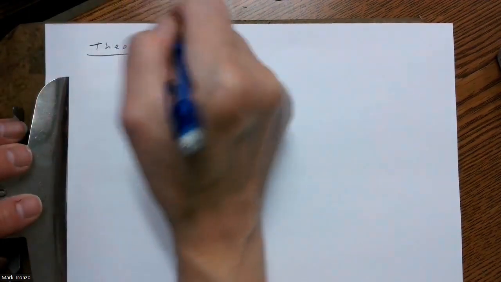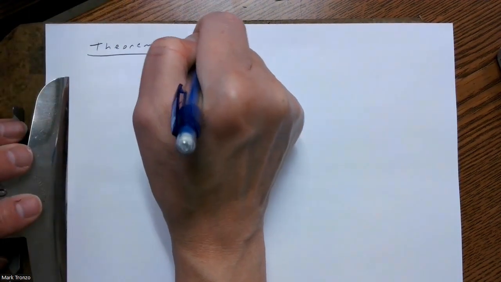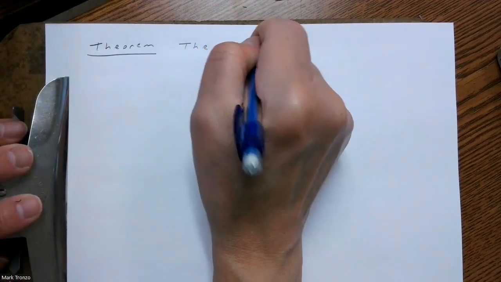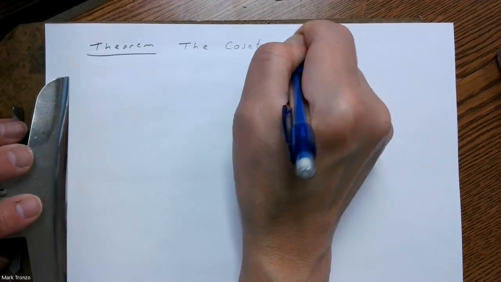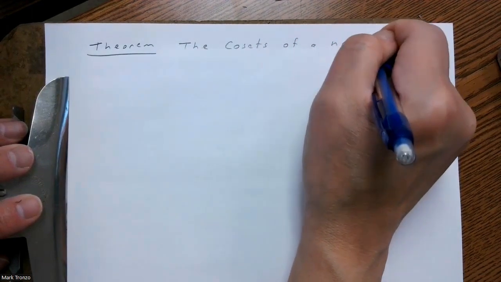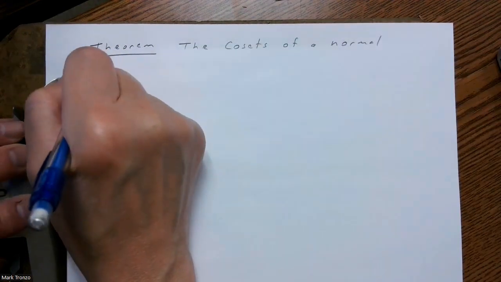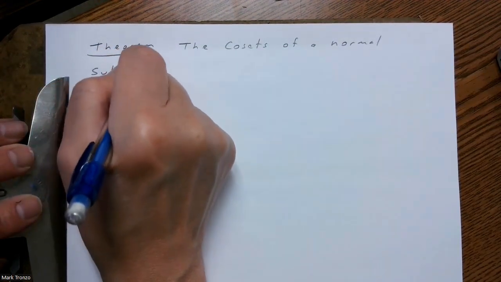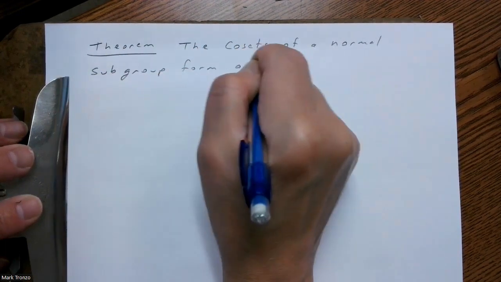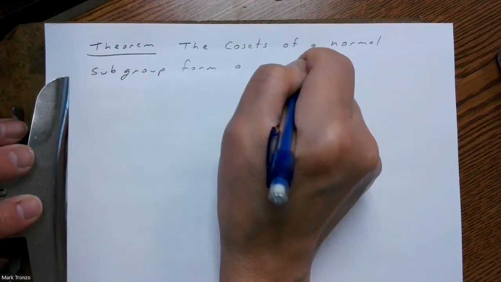The cosets of a normal subgroup form a group.